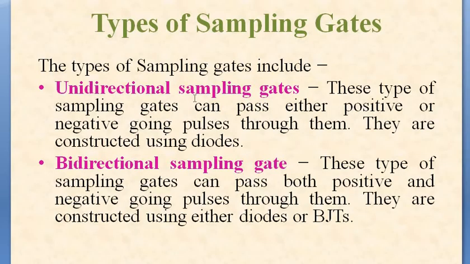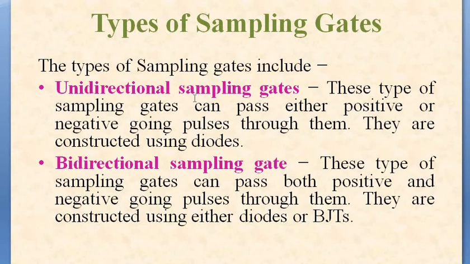We have two types: unidirectional sampling gates as well as bidirectional. A unidirectional sampling gate passes either positive or negative pulses, depending upon the control signal. What does it mean? It is only one polarity signal. Whatever data you are transmitting, you get only one positive or negative polarity. The bidirectional gate transmits both polarities of signals.